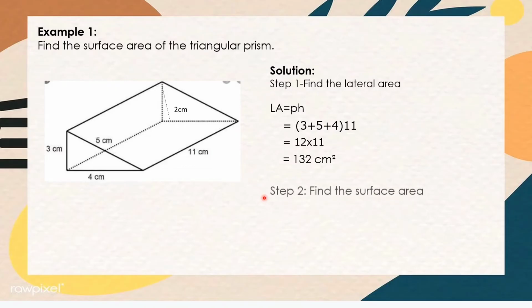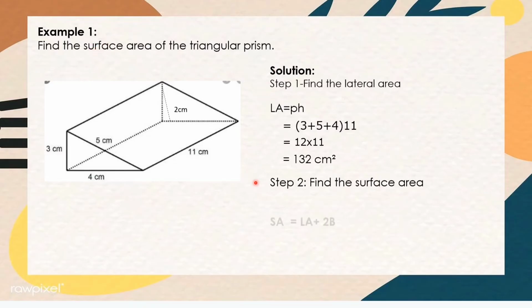The second step is to find now the surface area of the triangular prism. So the formula we need here is: surface area is equal to the lateral area plus the 2 bases. Since the lateral area is given, what we will solve here is the 2 bases.